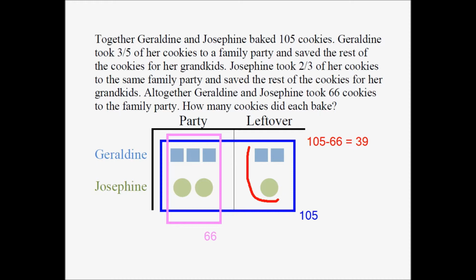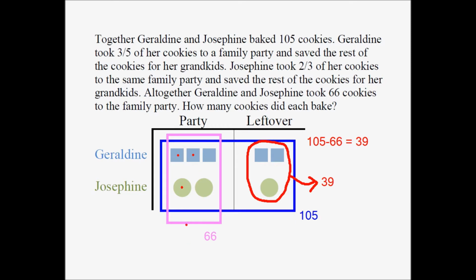This has to be 39. Now, from 66, if I subtract 39, these three pieces together add up to 39. And from 66, if I subtract 39, I'll get the value of these two.